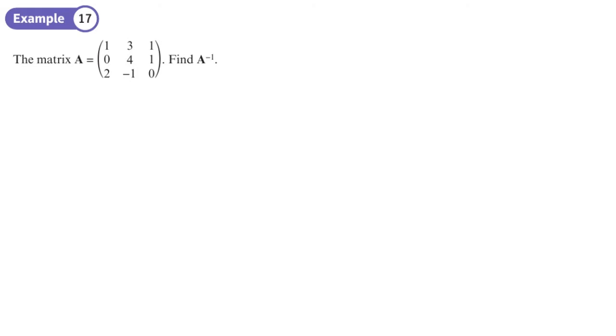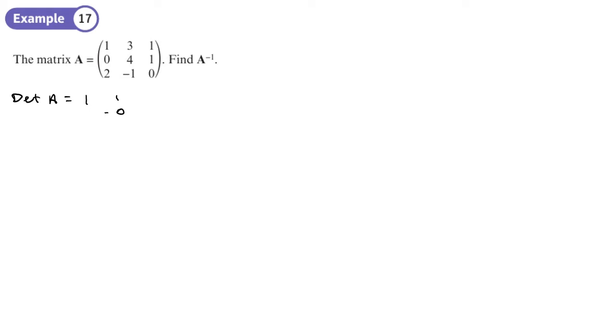Right, so we're going to find the inverse of this matrix here. The first thing we need to do is find the determinant of A. Now remember, that is equal to element A times its minor, which is, if I cross out that row and column, 4, 1, negative 1, 0.